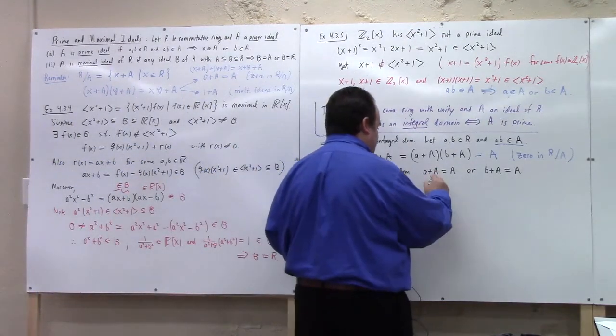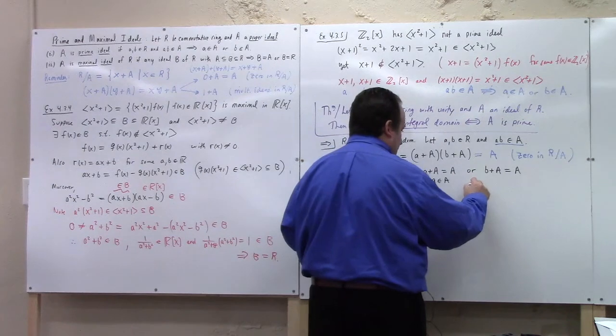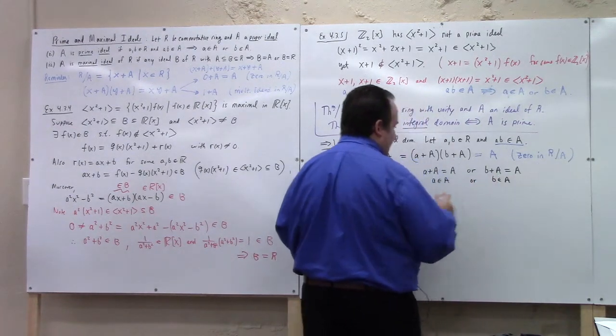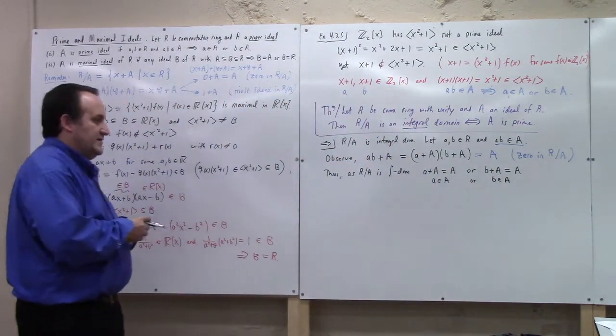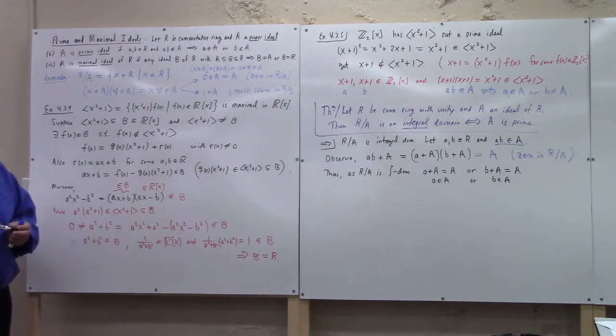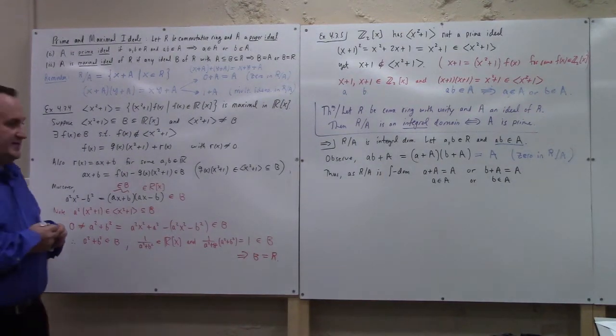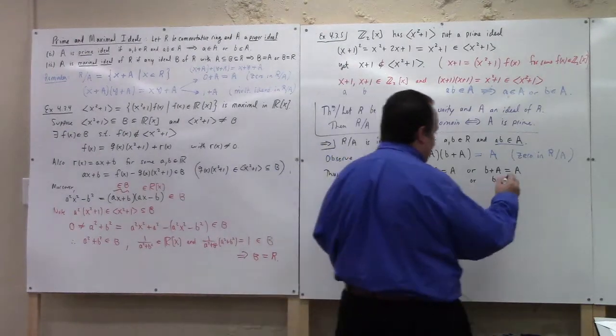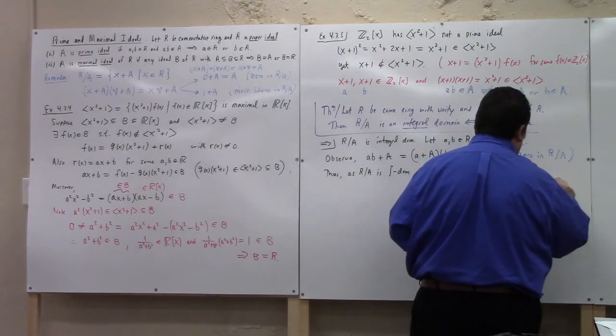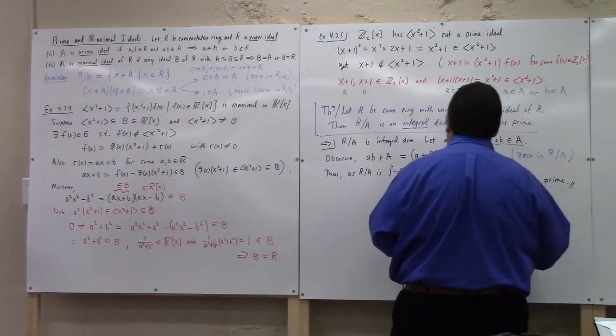This is exactly the condition that a is an element of A, or b is an element of A. That's what it means for those cosets to be equal. And that's exactly what we need to prove that A is prime, because we just proved that if the product of things is in A, then either one of the factors or the other is in A. By definition, this shows A is prime. Therefore A is prime. That's half the proof.